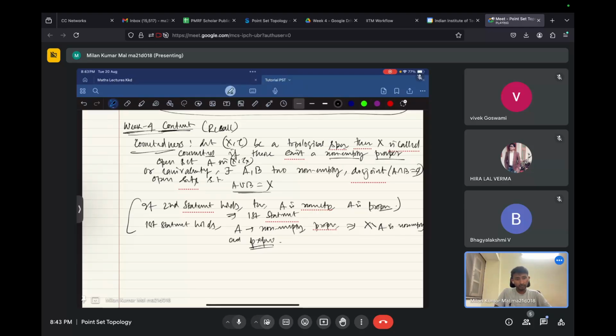And why is it open? Because its complement, if I'm not making any mistake, is both open and closed.